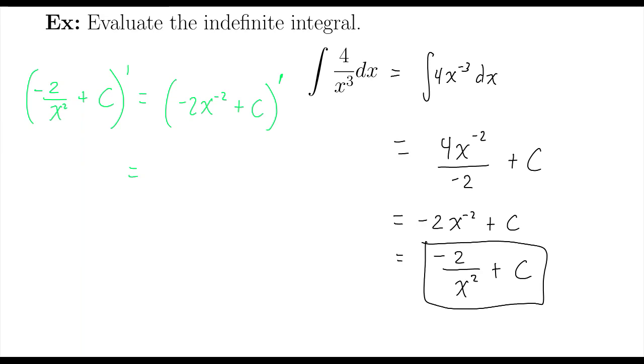The derivative, negative 2 times that negative 2 in the front, would give me a positive 4 x to the, subtract 1 from the exponent, negative 2 minus 1 is negative 3. The derivative of the constant is going to be 0. And if I clean this up, I get 4 over x to the third plus 0. And that is the original, right? So check. I know this one's right.